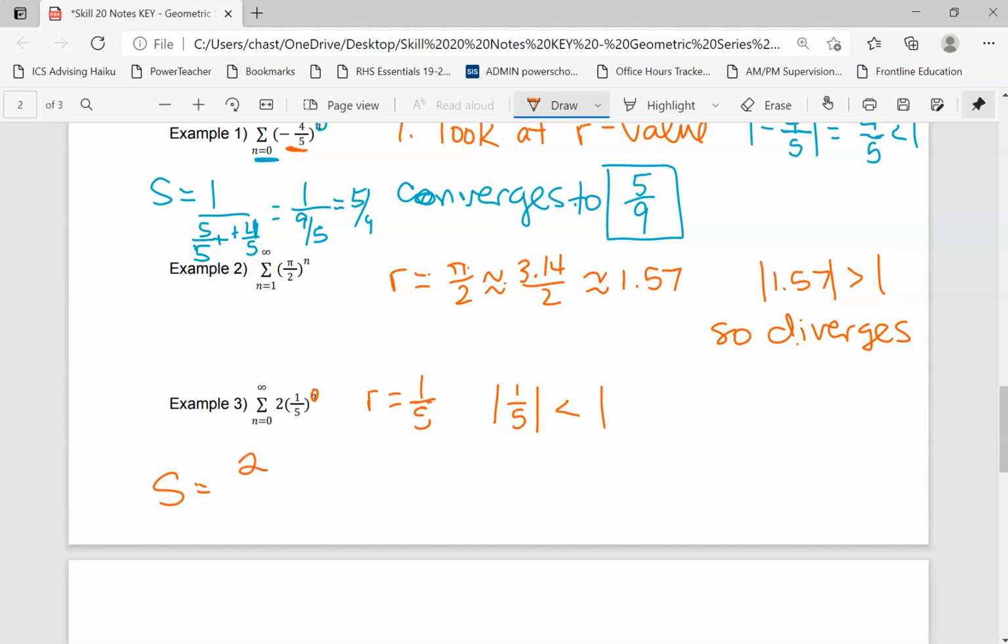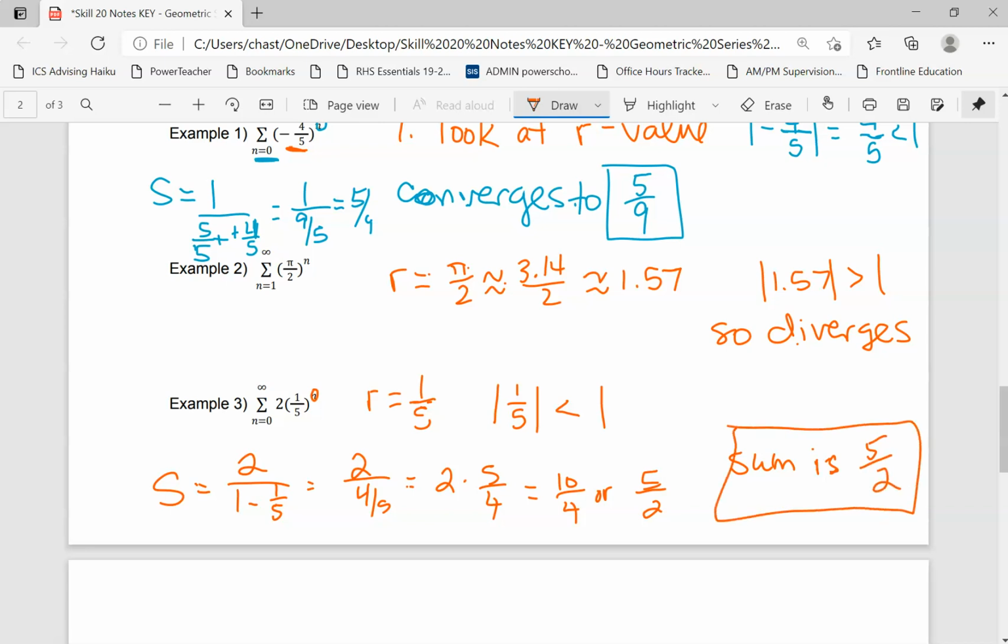So that's going to be 2 over 1 minus our r value, 1/5. 1 minus 1/5 is 4/5. So we get 2 times 5 over 4, which is 10/4, or 5/2. So the sum is 5 over 2. Okay?